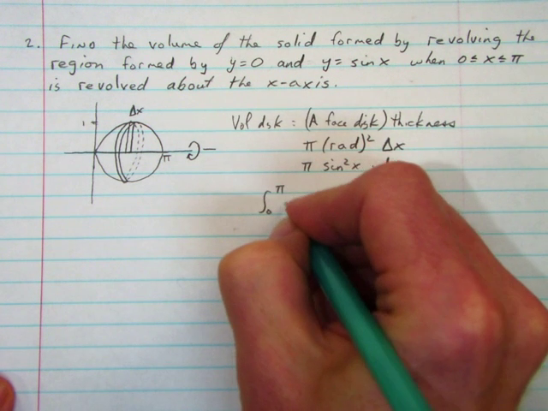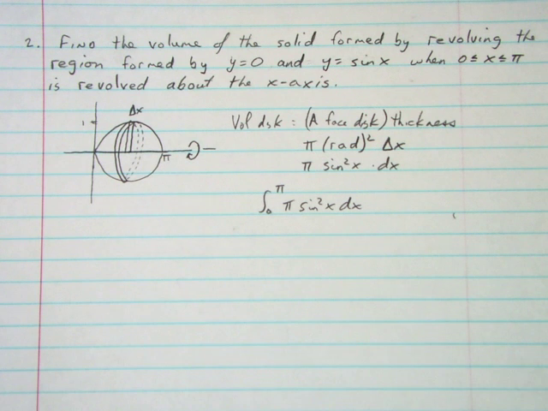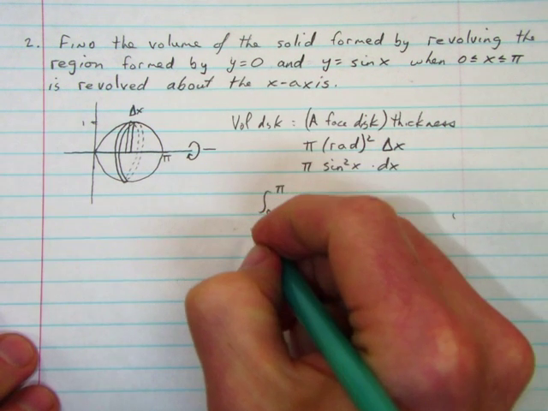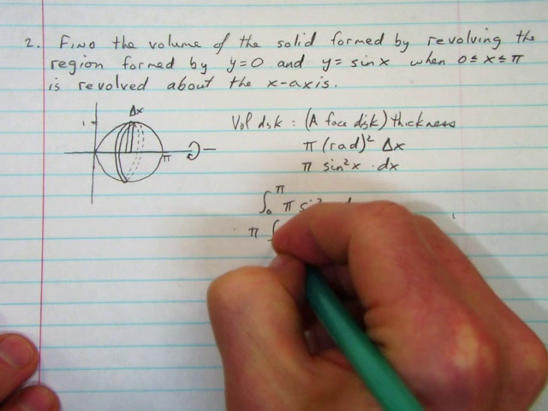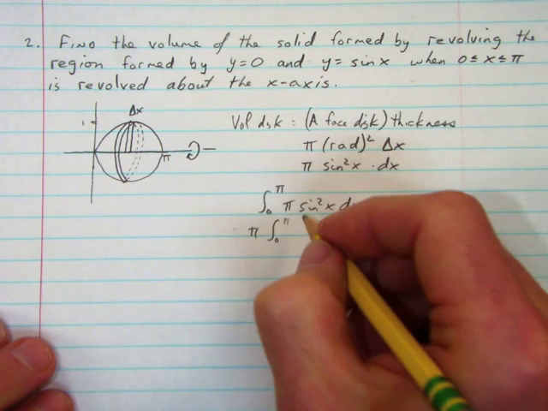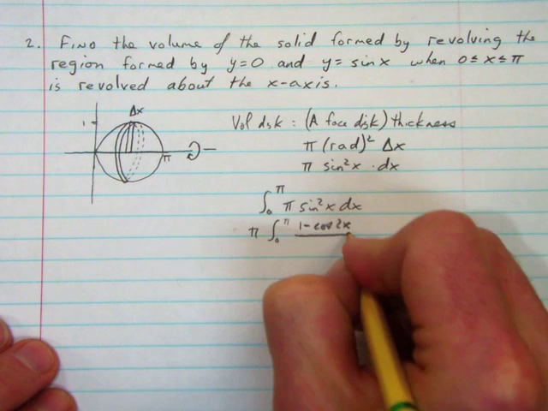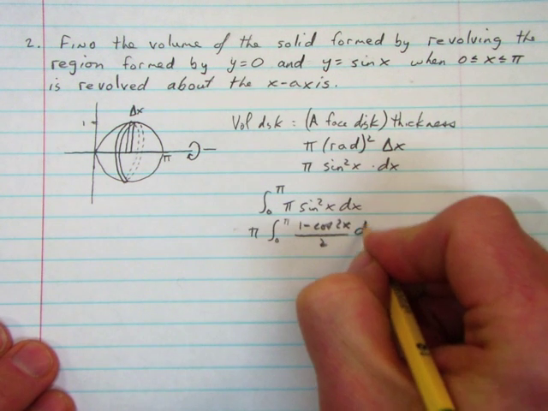and since it's pi sine squared x dx, we can take out that pi since it's a constant, and remember our identity for sine squared of x. That would be (1 minus cosine 2x) over 2 dx.